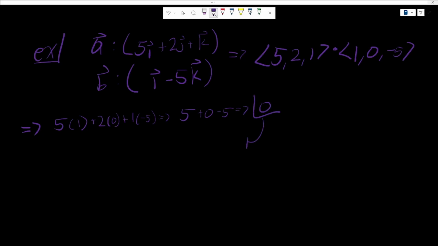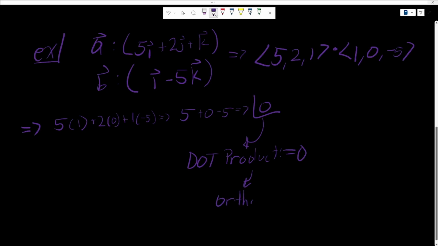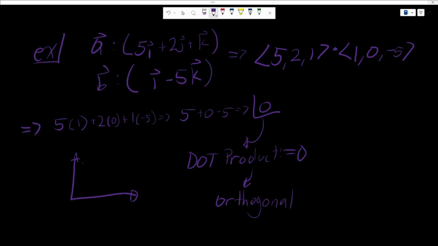So when our dot product is equal to 0, that tells us something special about our two vectors. It means our vectors are orthogonal to each other. And orthogonal is just a fancy way to say perpendicular. So that means our two vectors, vector A and B, have to create a 90-degree angle, or in radians, pi over 2.